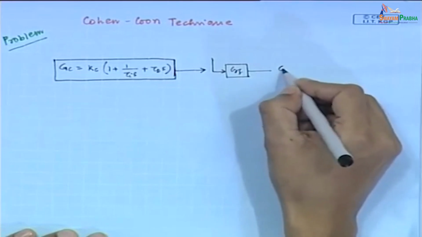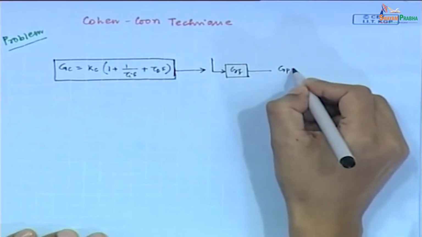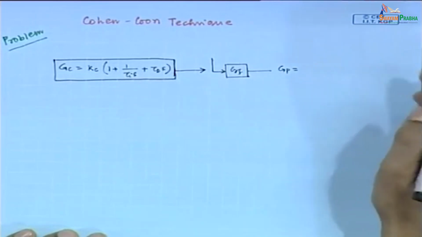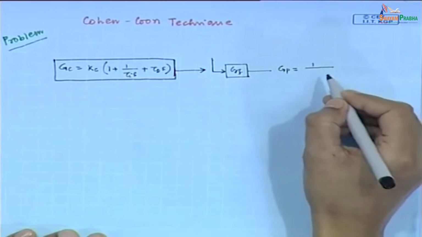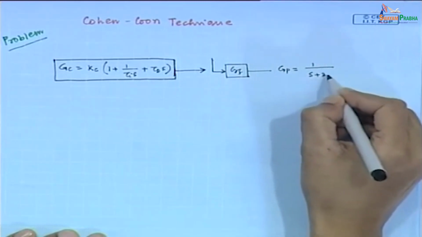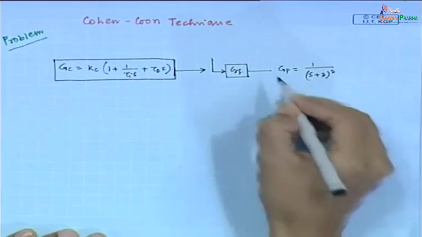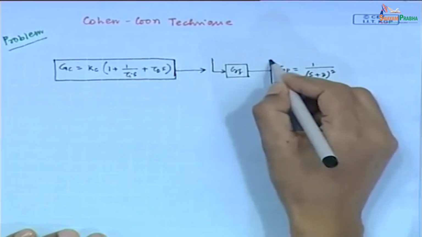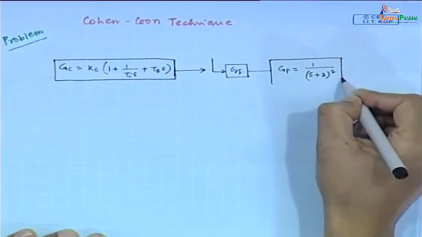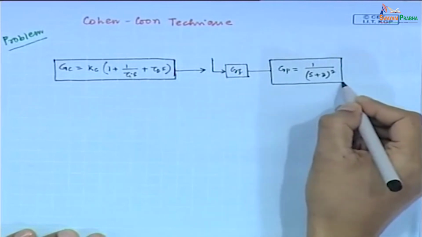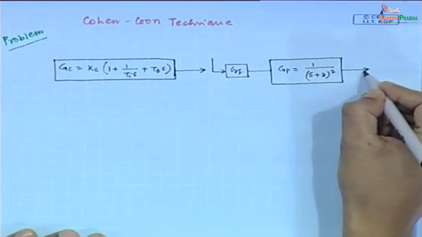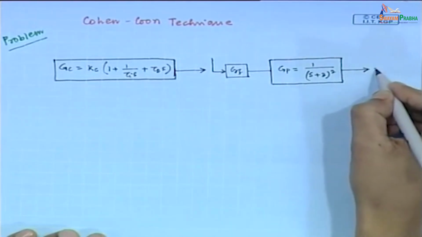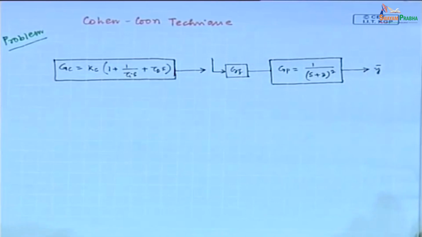Then the final control element output goes to the process having the transfer function Gp equals 1 divided by (s plus 3) whole square. This is the transfer function of the process. The output of this block is y bar.